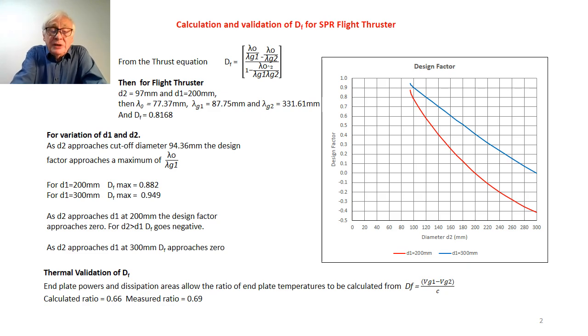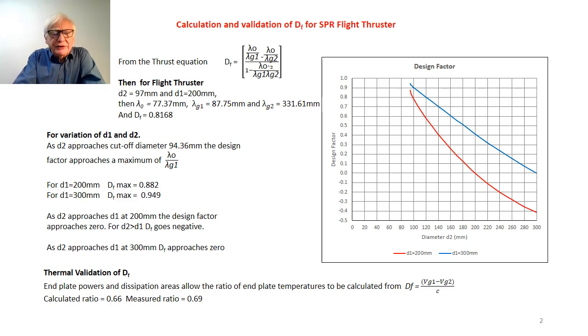Then you take into account the area of the plates themselves. You can see the thermal effect on variation of the end plate diameters. And we've already said that this is actually particularly valuable to validate the whole theory of EmDrive.